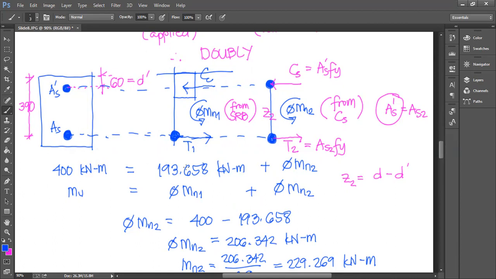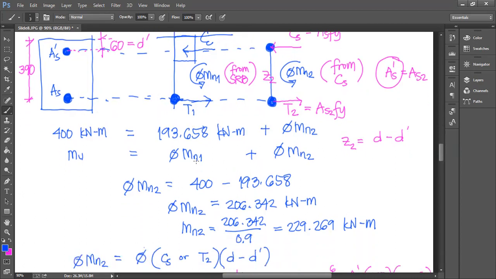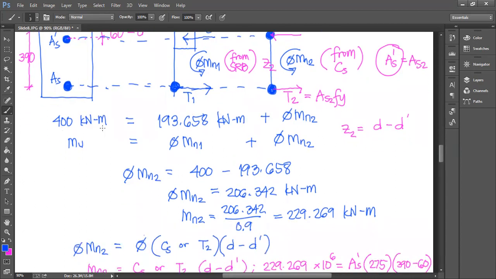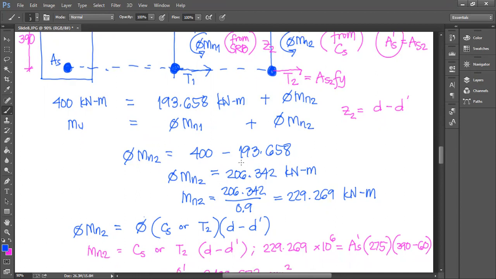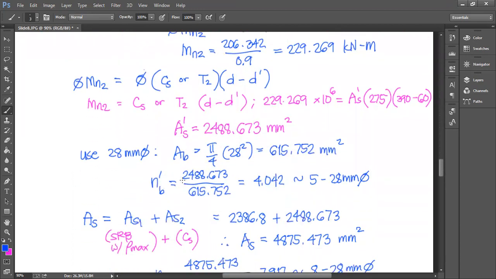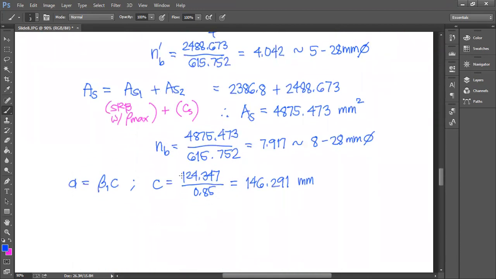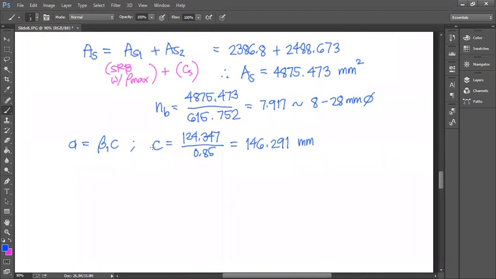So therefore, magko-compensate tayo doon sa compressive reinforcement, which we found out na yung 400 kilonewton meter is hindi pala enough yung 193 to resist. So therefore, magko-compensate tayo mula doon sa VMN2. Okay? Ngayon, for the value of C, meron tayong 146.291.